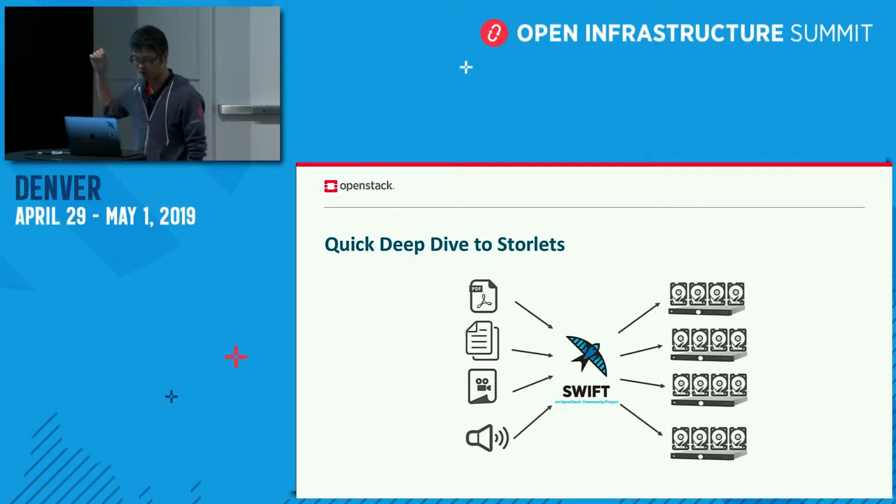Swift deals with which data is stored in which hard drives. That means what the user should do for storing is just prepare your data and make a request: Hey Swift, please save my data at this name. Then for retrieving the objects, just call the Swift API as you do when you store your data. The basic usage of object storage is simply storing data in a single namespace and then getting the data as well. So this is object storage.